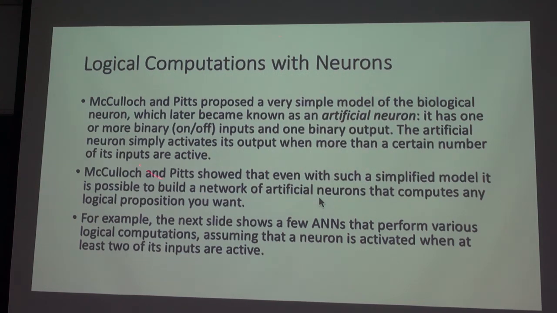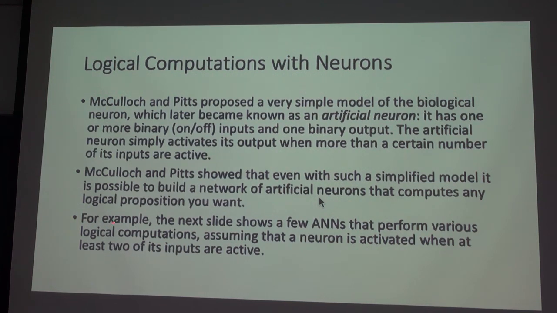It's very simple. This one, of course, is not ReLU; it's even simpler than the ReLU. McCulloch and Pitts showed that even using such a simplified model, it is possible to build a network of artificial neurons that computes any logical proposition you want. I will show you an example in just a few minutes.